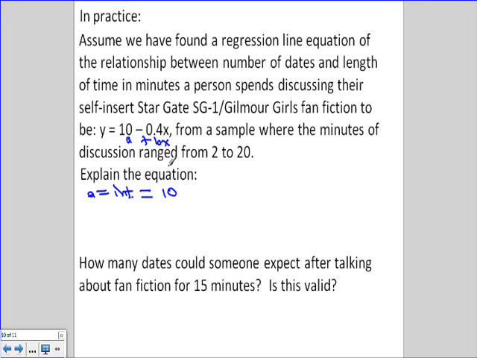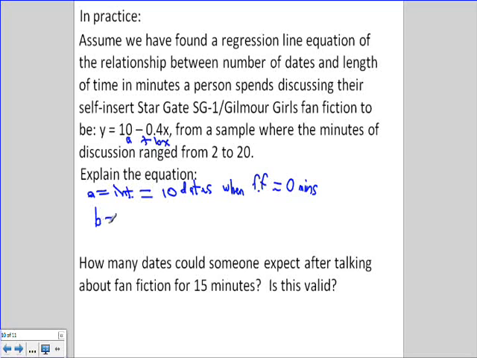So we can say we have 10 dates, and now because it's the y-intercept, we say we have 10 dates when fan fiction talk equals 0 minutes. So that's a satisfactory explanation. We'll expect 10 dates when you have 0 minutes of talk.